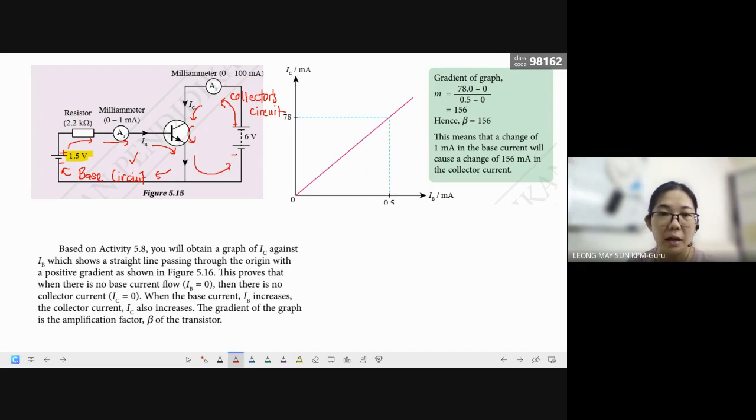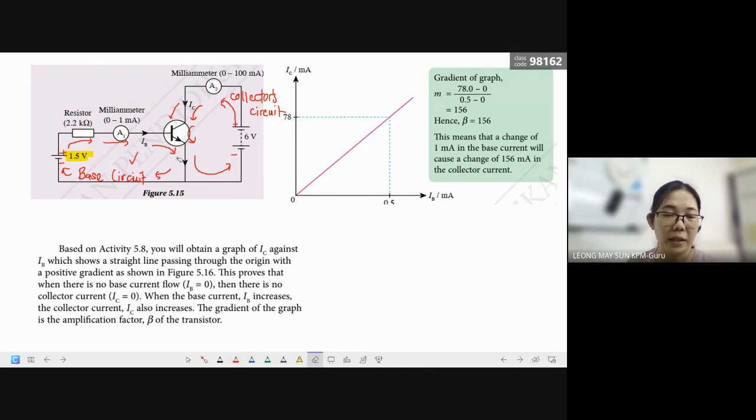So here, the collector circuit's current is in the same direction as the transistor current. So both circuits produce a current in the same direction as the transistor's arrow. So this transistor can function. It's very important that you check first whether the transistor can function or not.